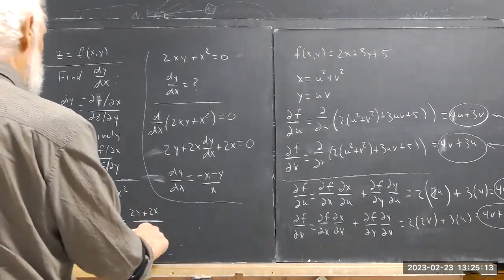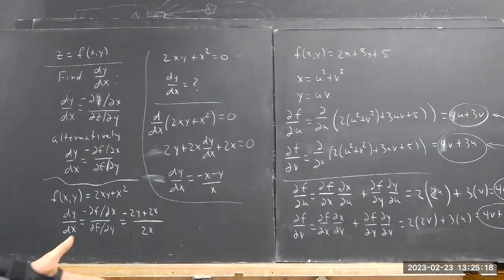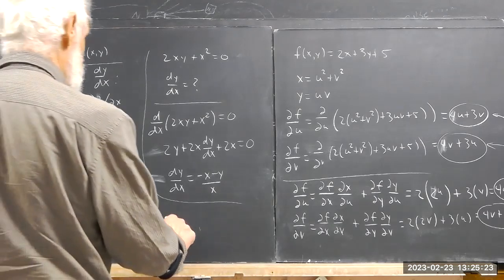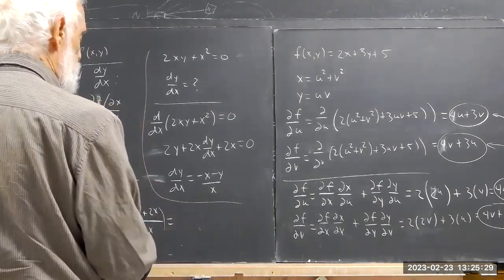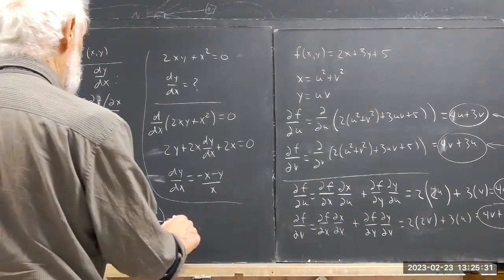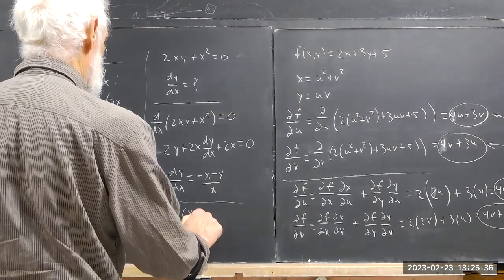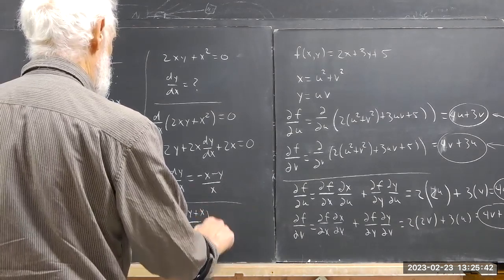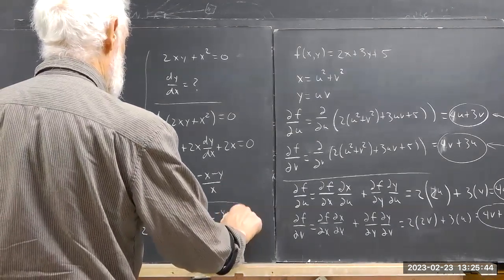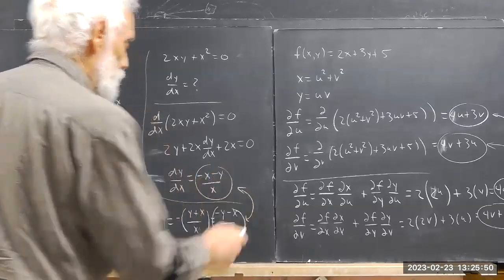Partial with respect to y is 2x, and you have a negative sign in front of it. Is that clear? That's a simple example. The 2's divide out, and the minus is in front of the whole thing, not just the 2y, and you get the same thing we got here.